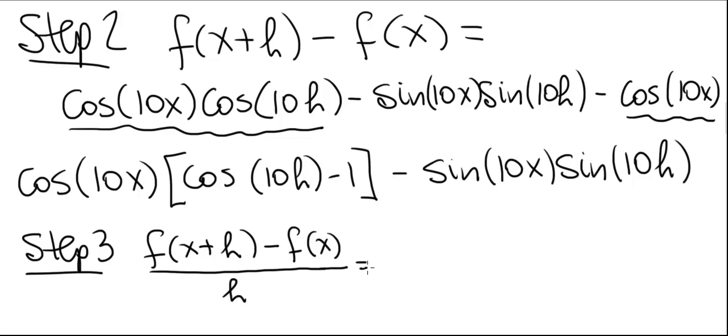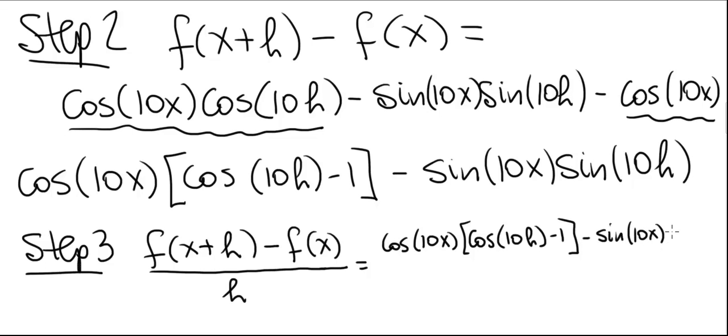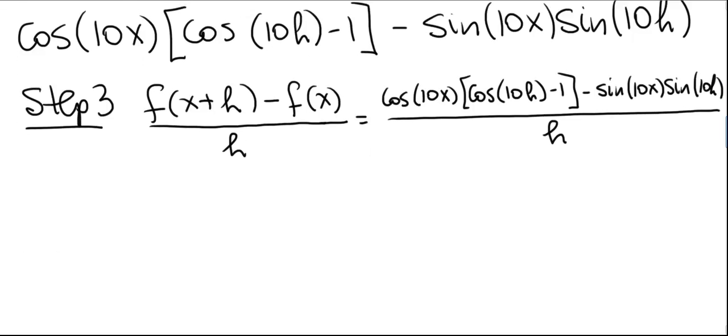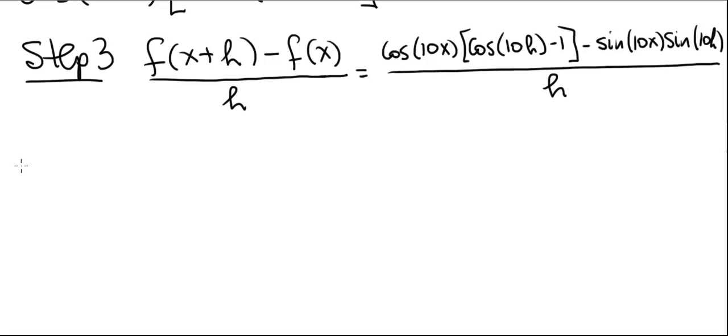So this is cosine of 10x times the quantity cosine of 10h minus 1, minus sine of 10x times sine of 10h, all divided by h. And there's not much we can do here. The derivative will be evaluated once we take the limit, and that's the fourth step.